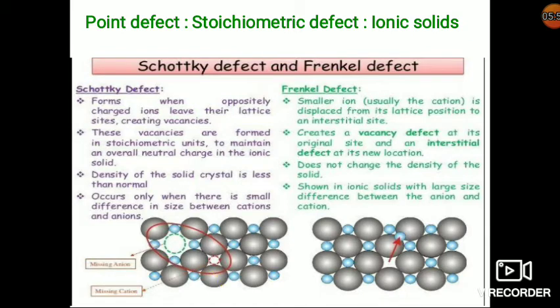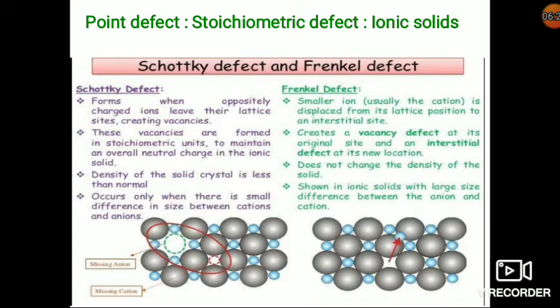So in this figure we observe that a pair of cation and anion is missing. Schottky defect forms when oppositely charged ions leave their lattice sites, creating vacancies. That means if one cation leaves its site, one anion must also leave its site.